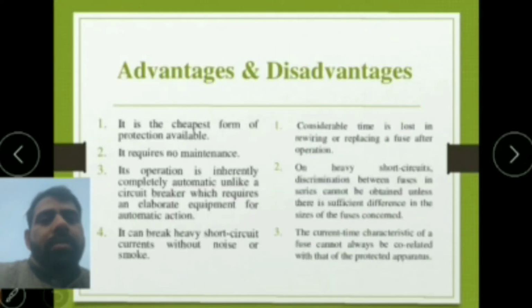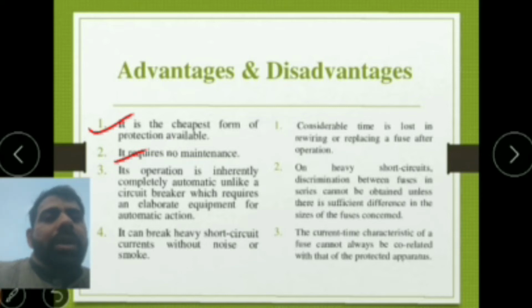If we talk about the advantages and disadvantages, first of all the advantages: it is the cheapest form of protection available. It requires no maintenance. Its operation is inherently completely automatic, unlike a circuit breaker which requires an electronic equipment for automatic action.